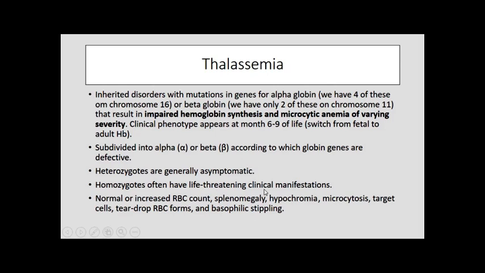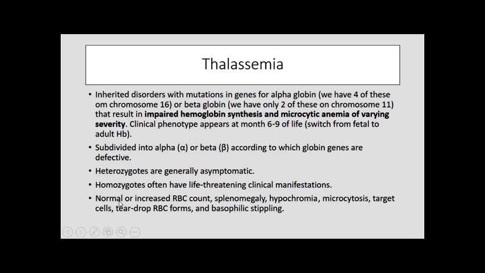They can have splenomegaly, hypochromia, microcytosis, and some findings that you can see, for example, in the blood smear, which are called target cells, and some cells called teardrop cells that have the shape of a teardrop, and something that is called basophilic stippling. That is not specific for this condition. It can appear in certain other conditions.